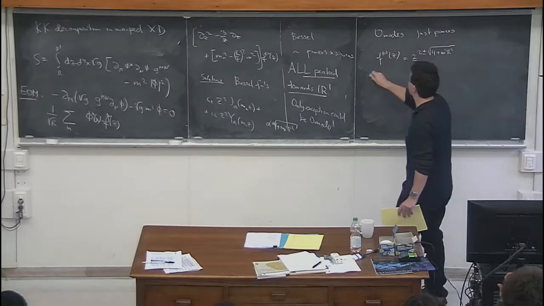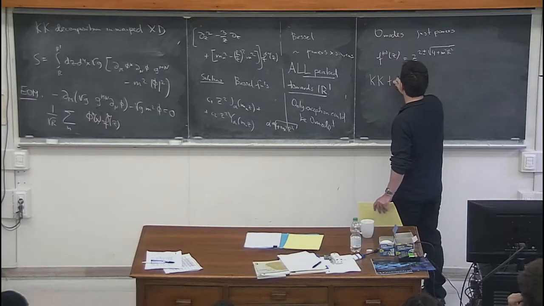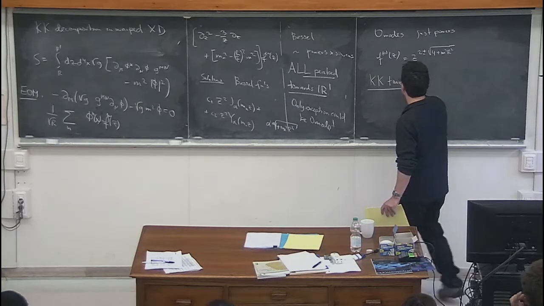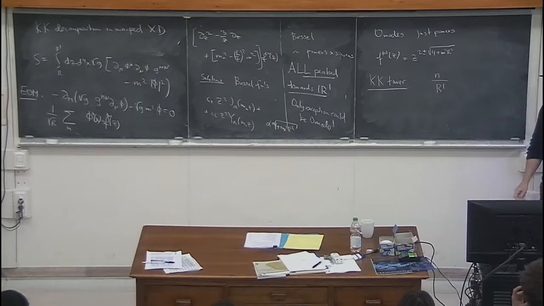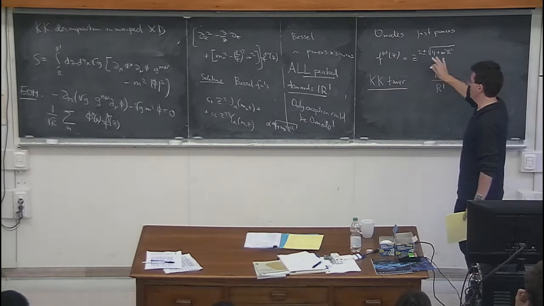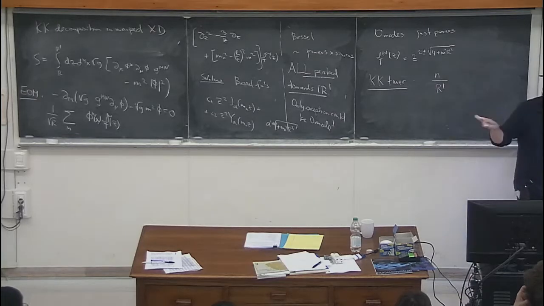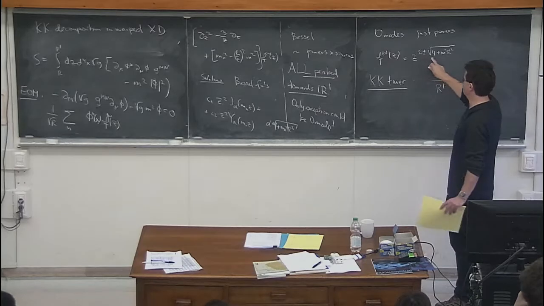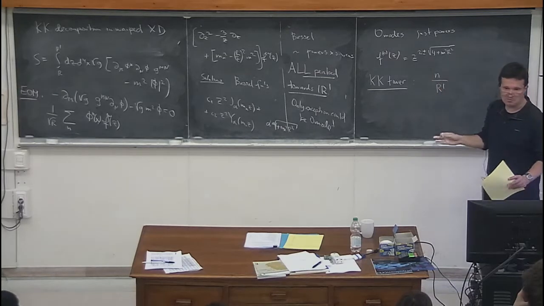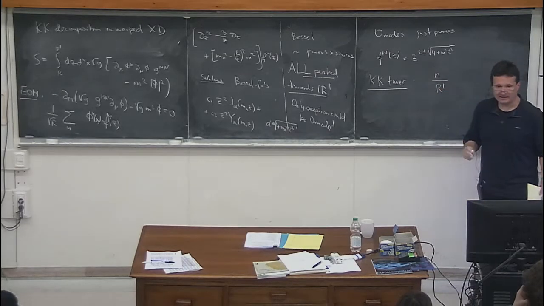The KK tower will be something like n over r prime. Now the zero mode, you don't know exactly which one, so that could be on the UV, could be on the IR. That depends on which of these modes you are getting.